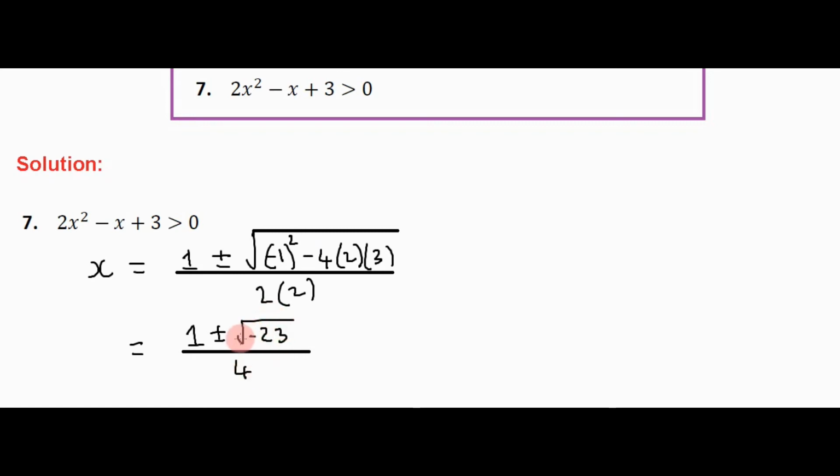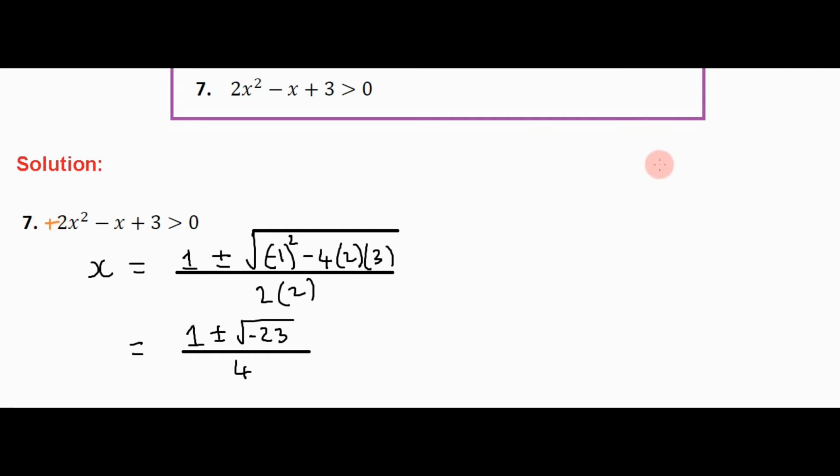We know that the square root of a negative number is non-real. So what it tells us is that the solutions to this quadratic are actually non-real. In other words, the parabola represented by this quadratic won't have any roots. Now, the x squared coefficient is also positive.